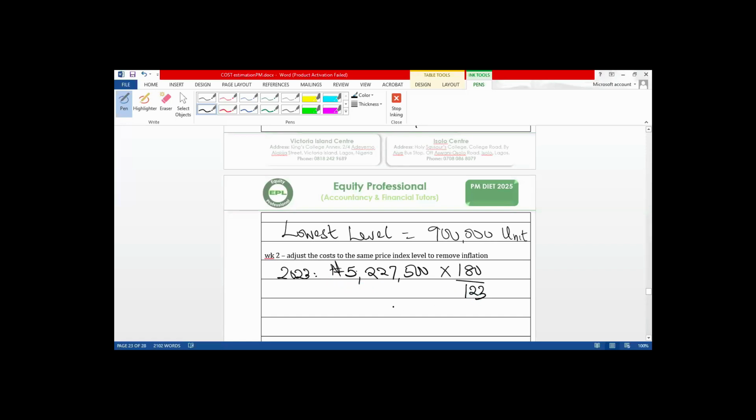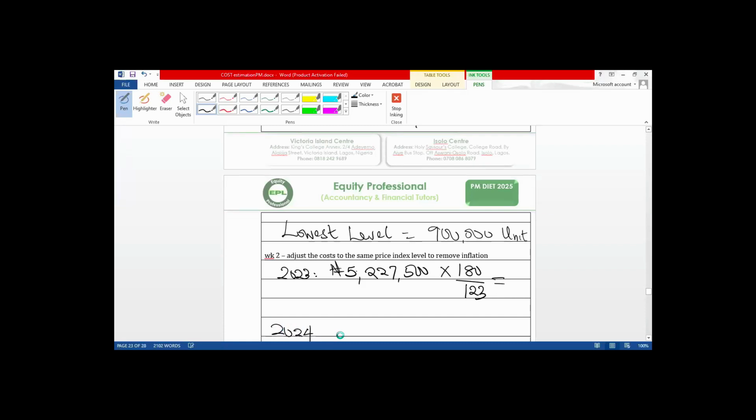Please work this out. That will give you the adjustment for 2023.